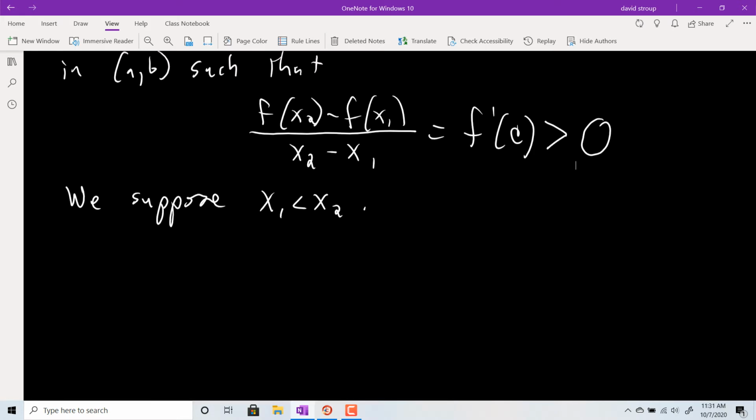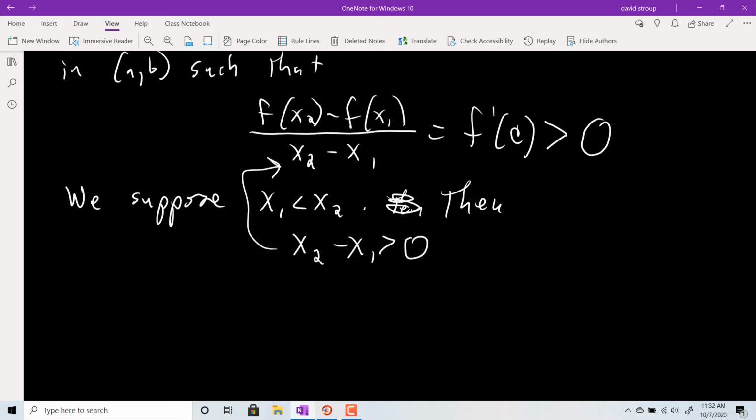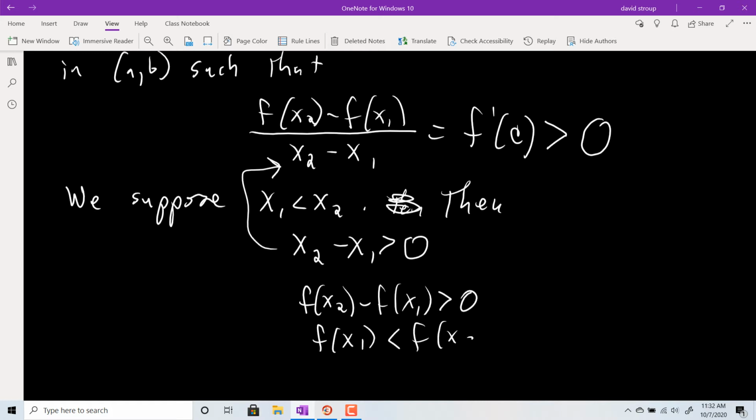So if x1 is less than x2, then x2 minus x1 will be greater than 0. So the denominator of this fraction up here is positive. And because the overall thing is positive, that means the numerator also has to be positive. In other words, f of x2 minus f of x1 has to be greater than 0. In other words, f of x1 will be less than f of x2.